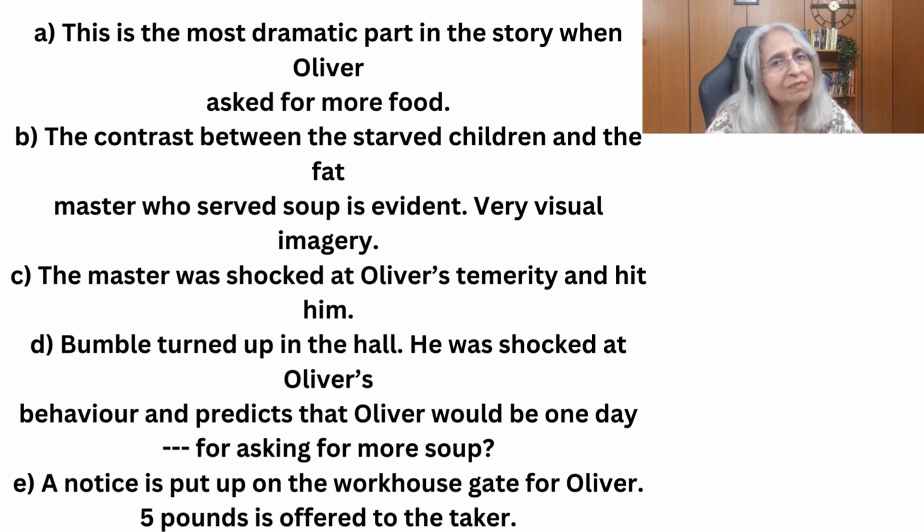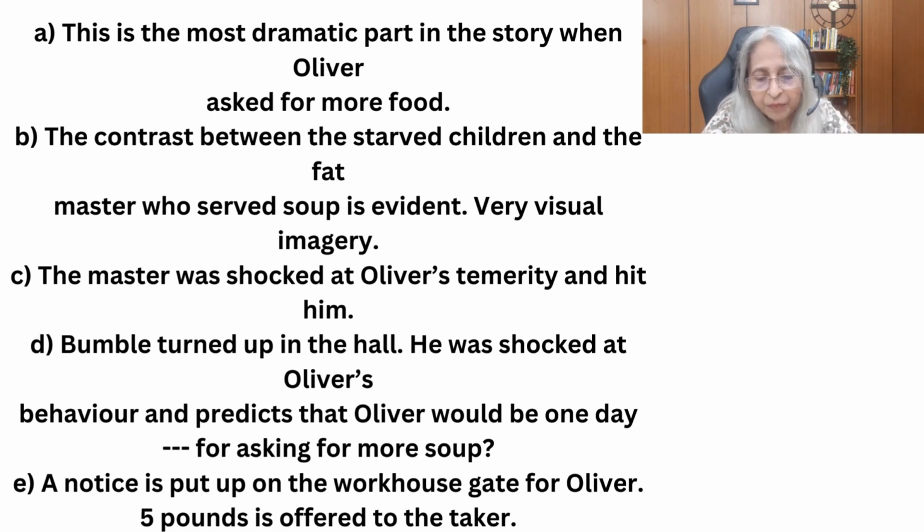Soon Bumble made his appearance, and he was also shocked by Oliver's behavior. And then he predicts grandly that someday Oliver would be hanged. On what basis? Just for asking for more food when they were subjected to terrible rations? Such insufficient quantities of food, and not even proper food, just soup, a thin kind of gruel.